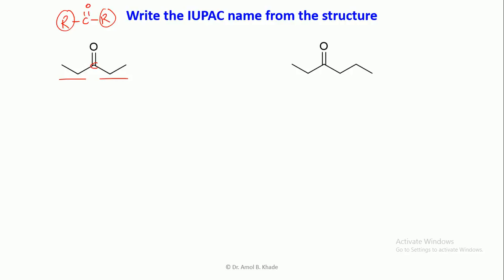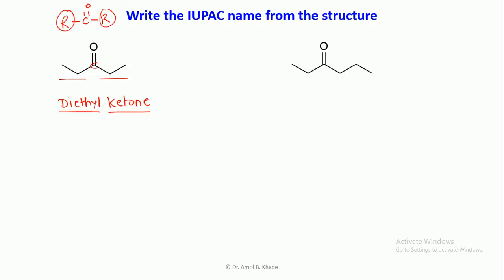So as per the rule we can name this compound in the format where we write diethyl. First we write the name of the substituent, diethyl, and then we simply write ketone. There should be a space between diethyl and ketone.